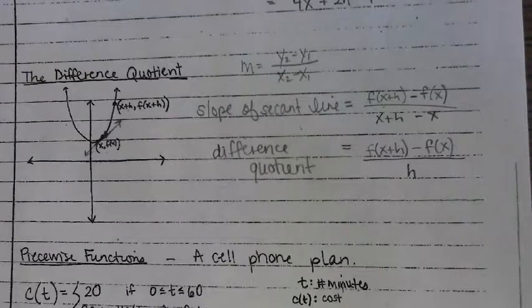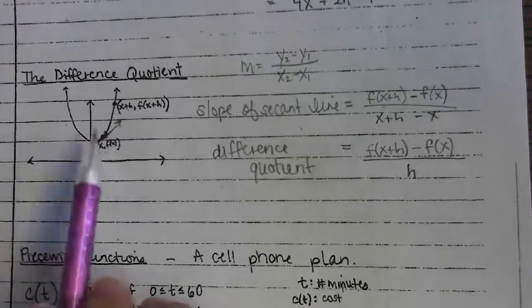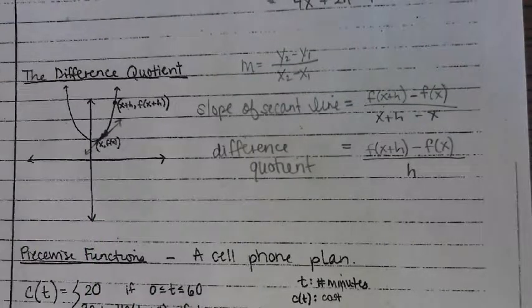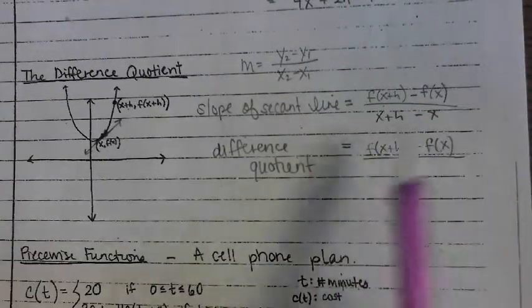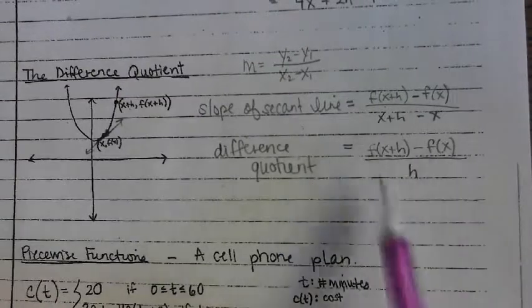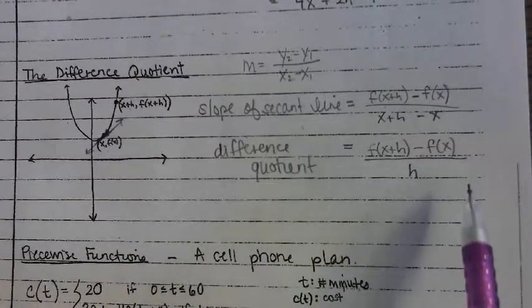That secant line now looks like it's the tangent line. And whatever the slope of that tangent line is at that point is going to be the slope of the curve at that point. So we'll look at, when we get there, what happens to the difference quotient as h gets closer and closer to 0.